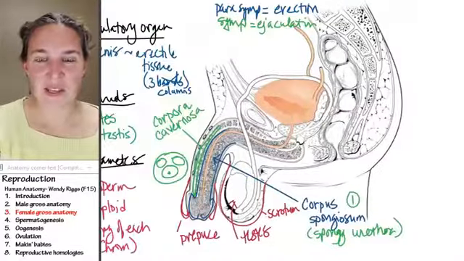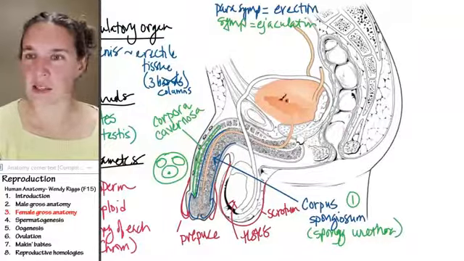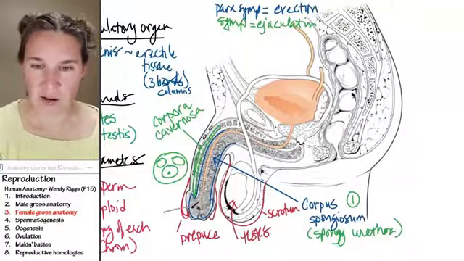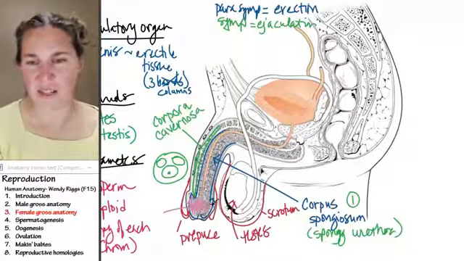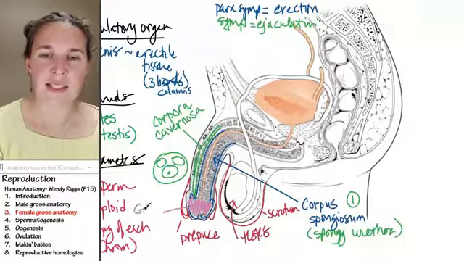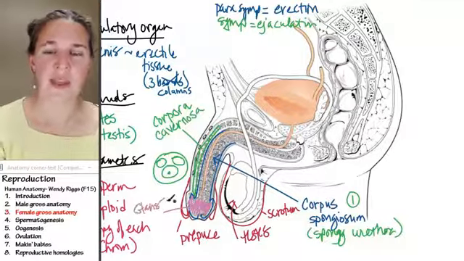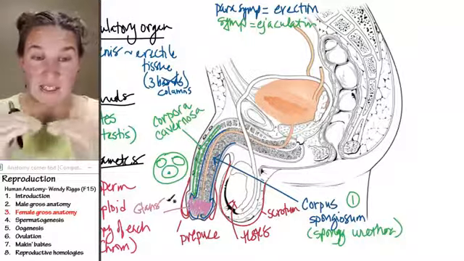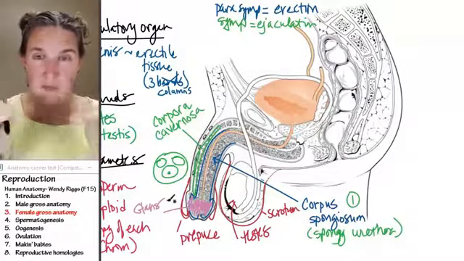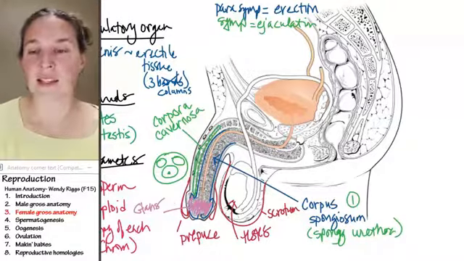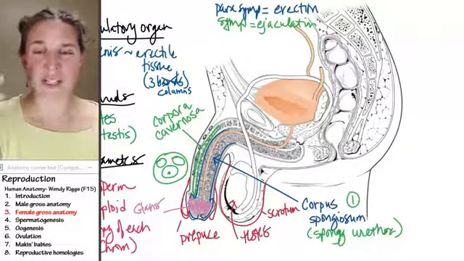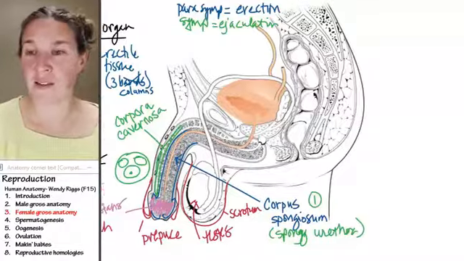So guess what the glans of the penis is? It's the head of the penis. We'll just color that in. This is the glans, the little part that kind of bulges out like that. It's all erectile tissue, very sensitive.